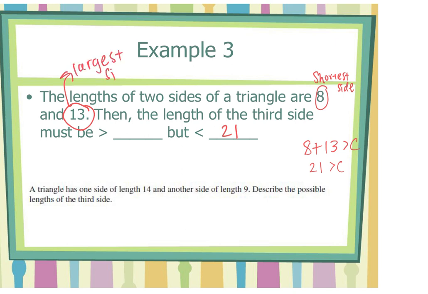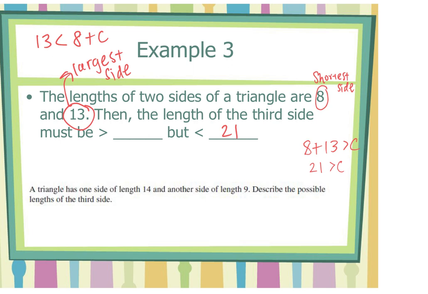Watch, I'm going to show you, okay? So if 13 is the largest side, then 13 needs to be smaller than 8 plus C. Because remember, if 13 is the biggest, then the two smaller sides need to be bigger than that side, right?